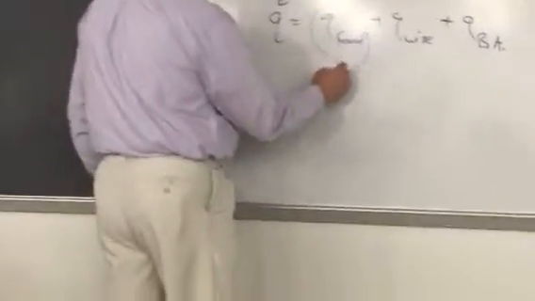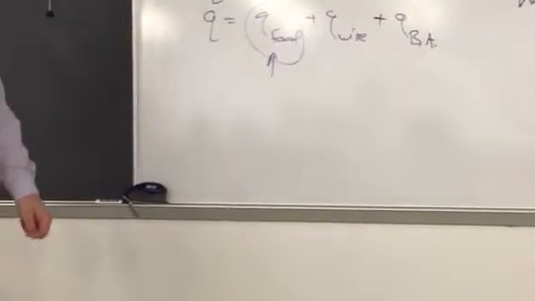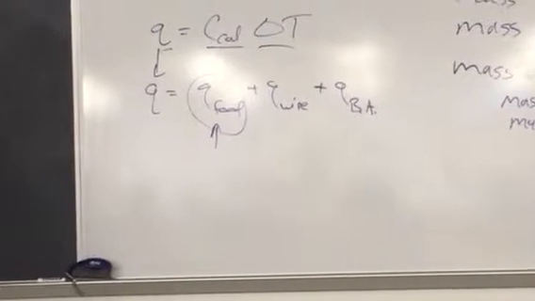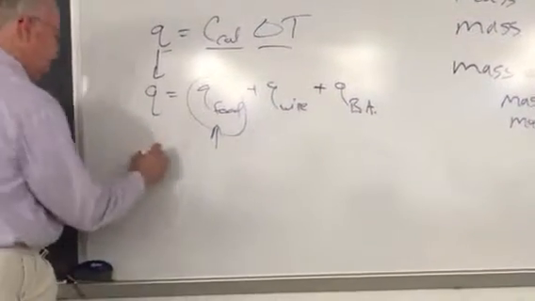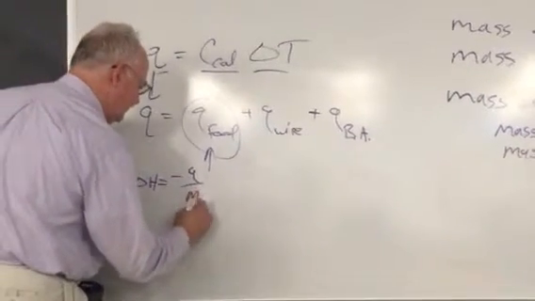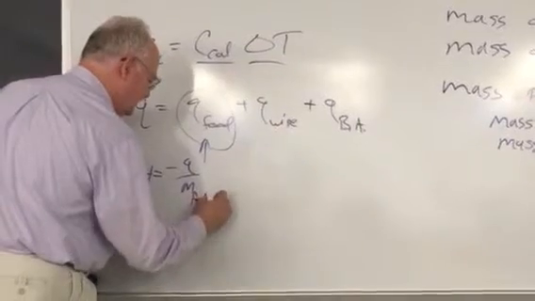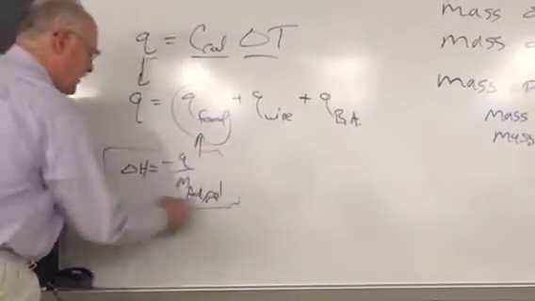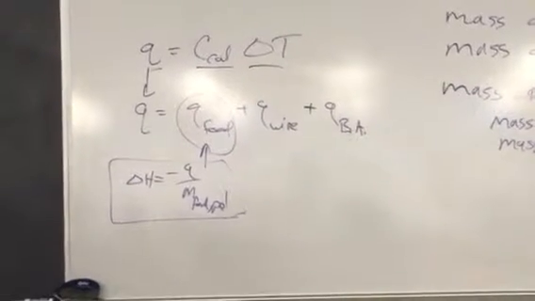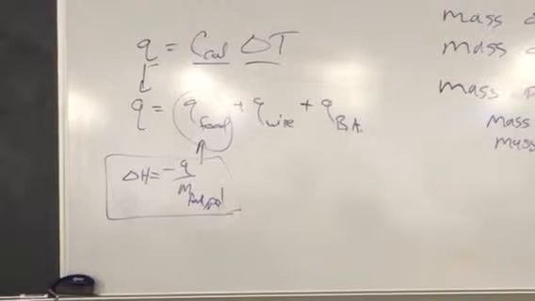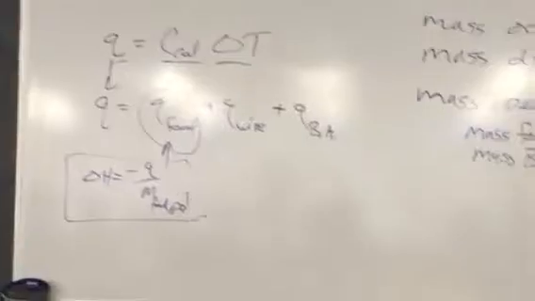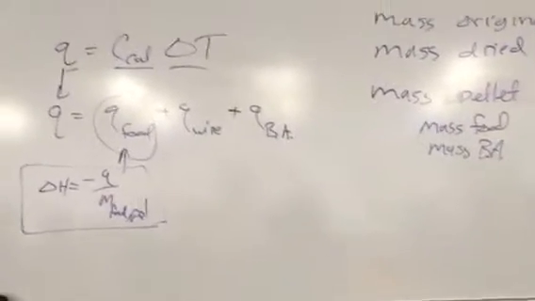But what you want is Q food. And that's for the dried food, dried ground food in your pellet. What you really want there is the enthalpy of combustion of the food, the dried food in that pellet, which is the negative of Q divided by the mass of the food.